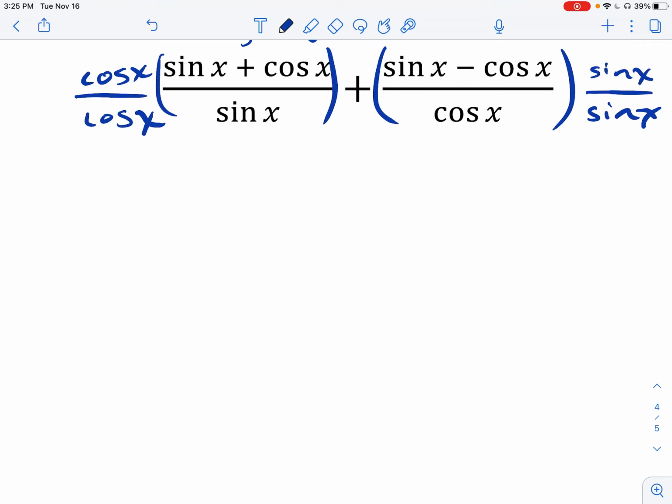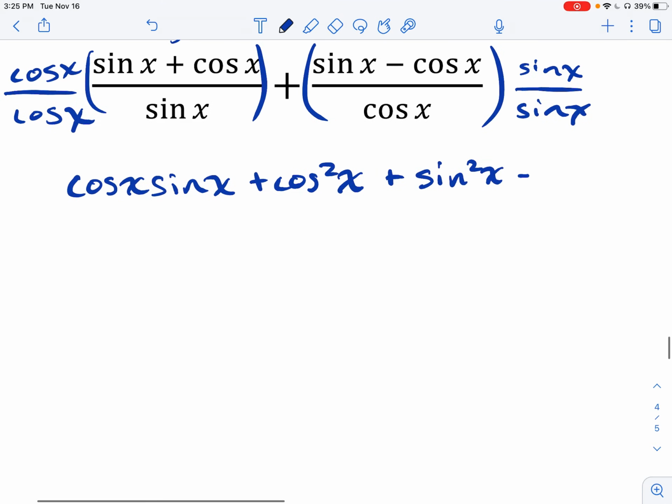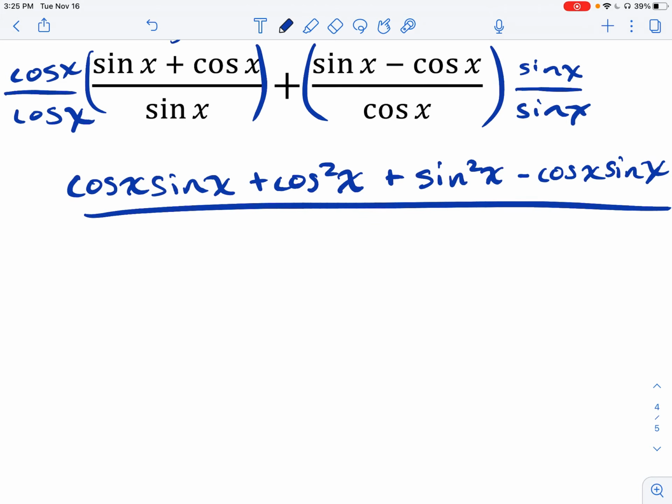And this allows me to distribute that cosine of x to all the terms on the inside. So cosine x, sine x, plus cosine squared x, plus, and I'm also going to do the same thing in the numerator on the other side, sine squared x minus cosine x, sine x, all of this over cosine x, sine x. And although this looks like it's a lot, there's actually a lot that we can simplify here.